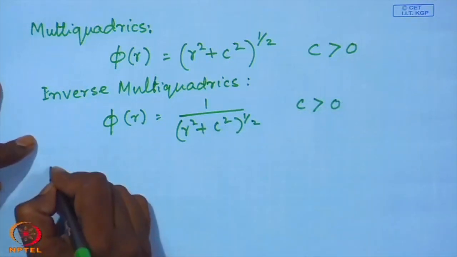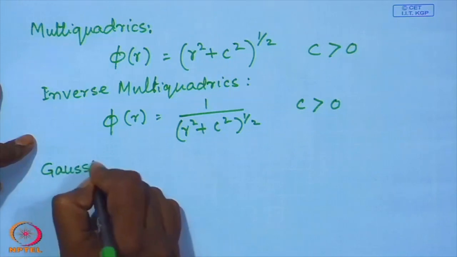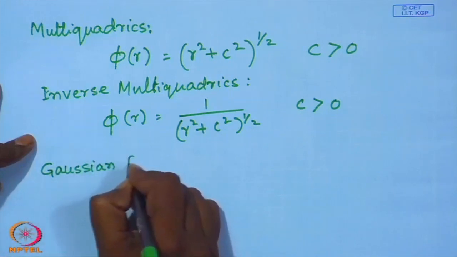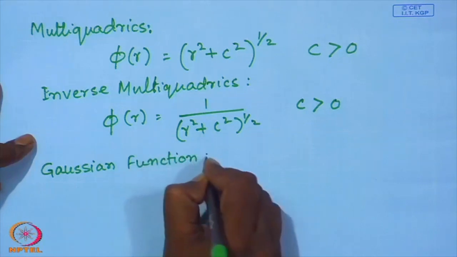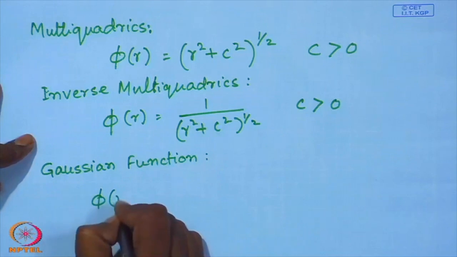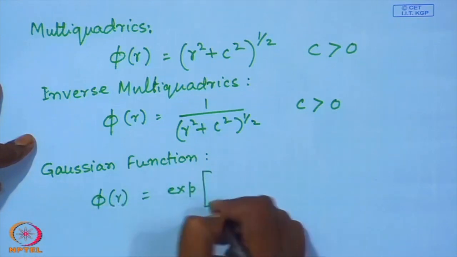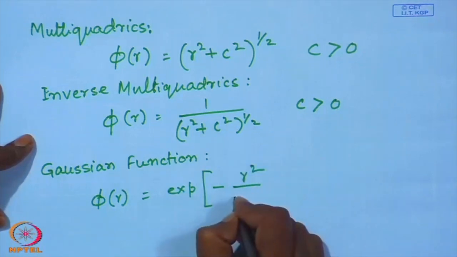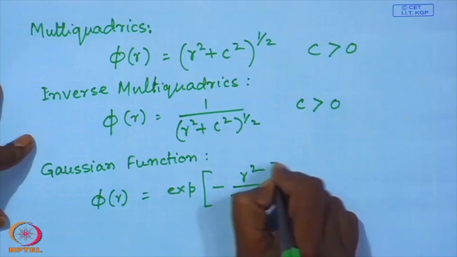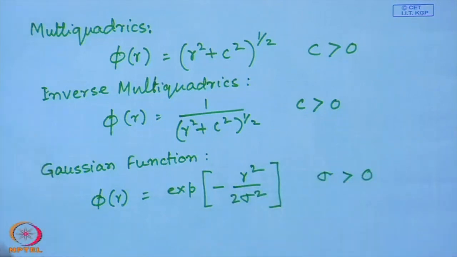I can also use Gaussian functions, where phi of r is given as exponential minus r square upon 2 sigma square, for sigma greater than 0.